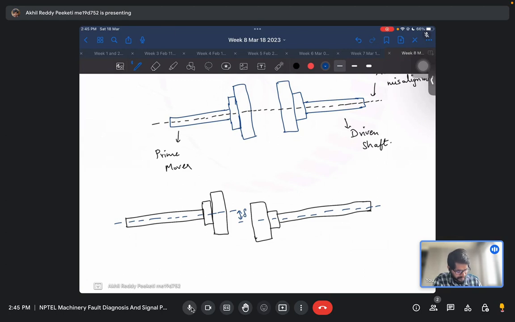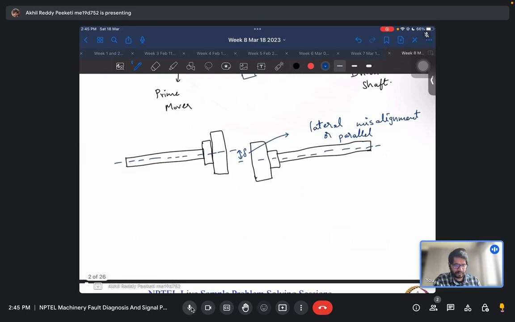So this is the lateral misalignment or parallel misalignment. This is one possibility.